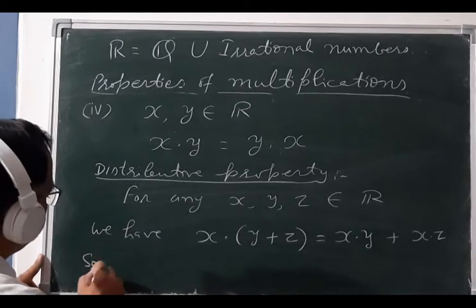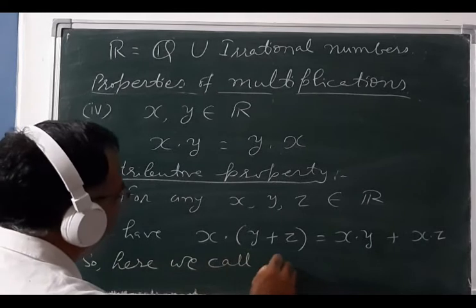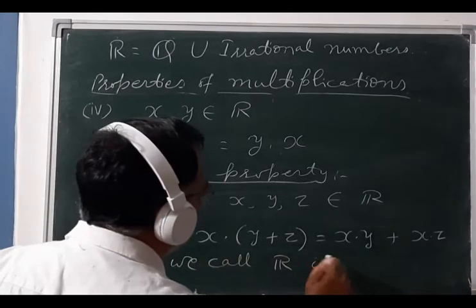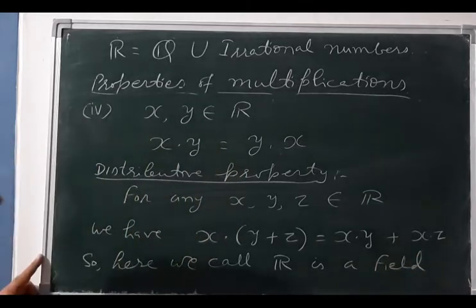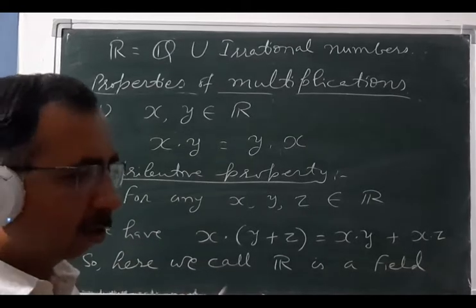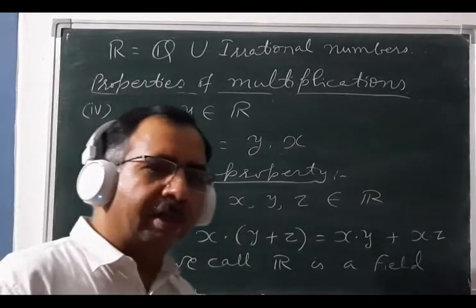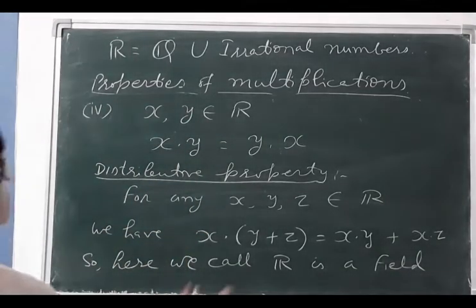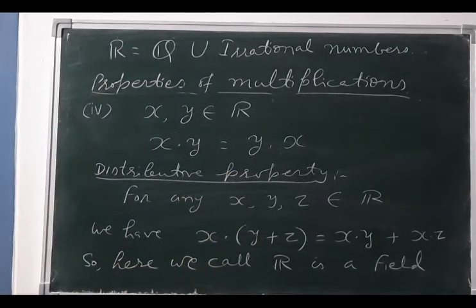So here we call R a field, and any set which satisfies these properties is also called a field. For example, the set of complex numbers, which you have already studied in your +1 classes, also satisfies all these properties. So the set of complex numbers is also a field.